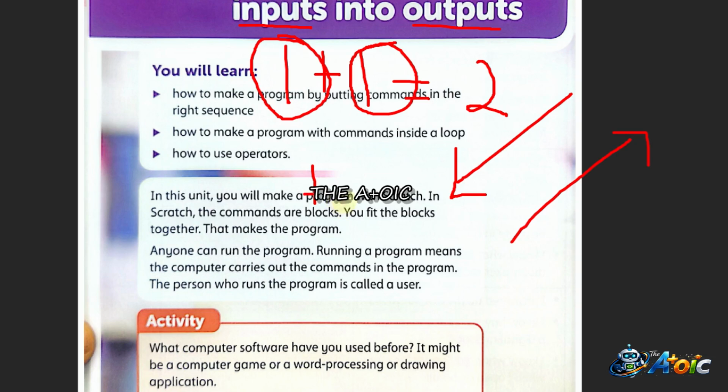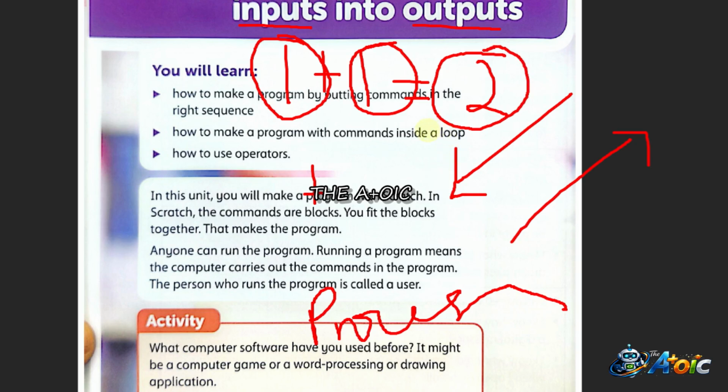The addition sign, that is the plus, is going to be the process. And the 2 is going to be the output, because when we add 1 and 1, we get 2. The same thing when you type A on your keyboard, you see it on the computer as A. So you give an input to the computer, and then it gives you an output, the result of what you have done.